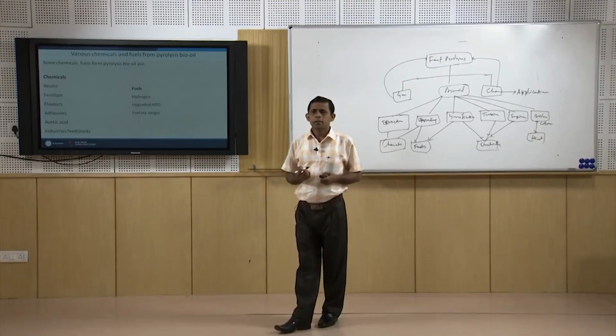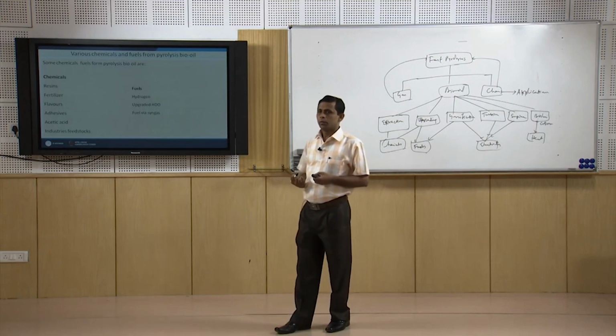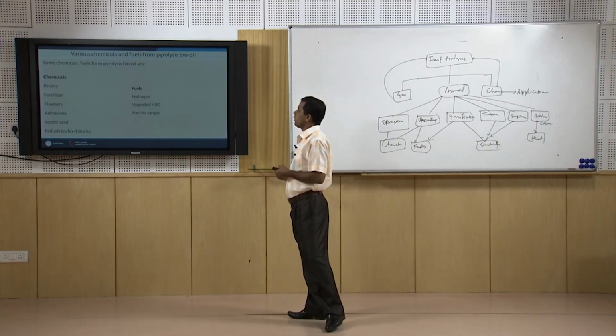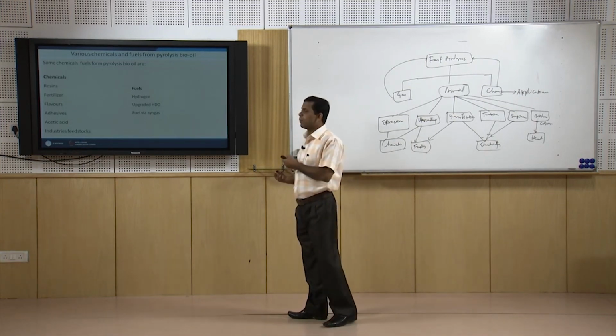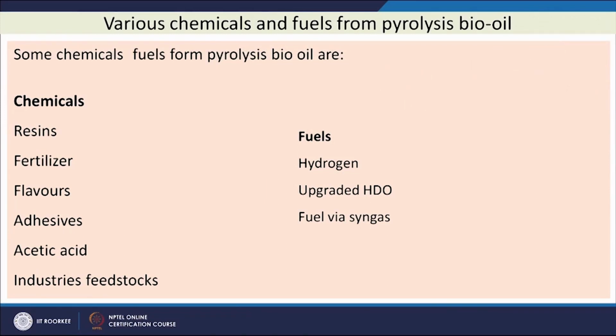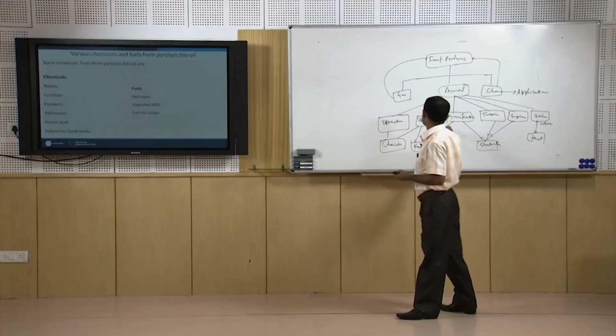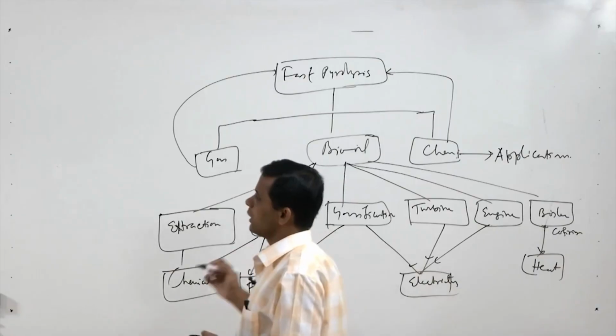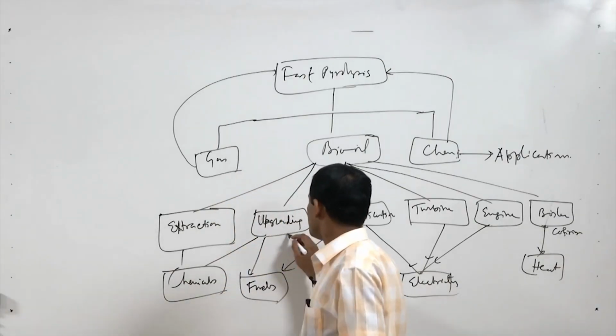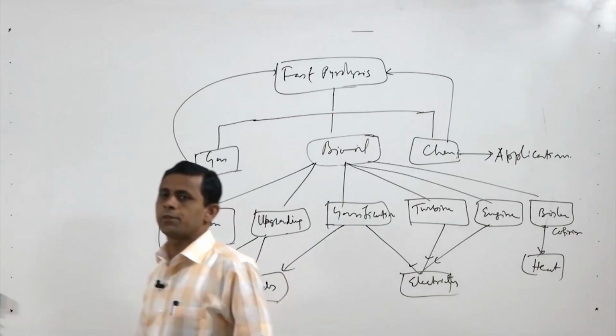Here we will see some important chemicals which can be produced from the bio oil, that is some resins, fertilizer, flavors, adhesives, acetic acid and industrial feedstocks, and some fuels we can get from hydrogen through gasification, and upgraded hydro-deoxygenated fuels.